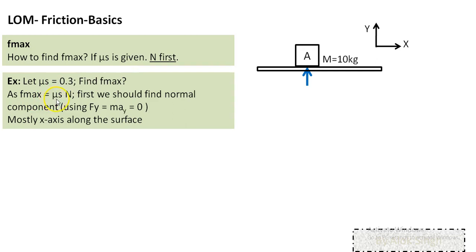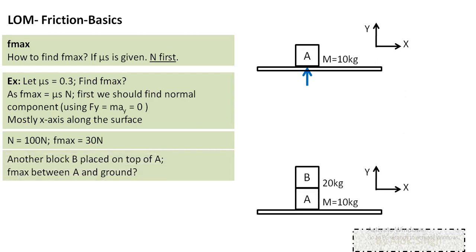So Fmax will equal mu s times N. We find the normal component using summation of force in y direction equal to m into ay, and since acceleration in y direction is 0, the summation of force in y direction is 0. In most cases we take the x axis along the surface. So here the normal reaction quite easily will be equal to 100 Newton, hence maximum friction force will be equal to 30 Newton. So in a static state, the friction force will be anywhere between 0 and 30 Newton.